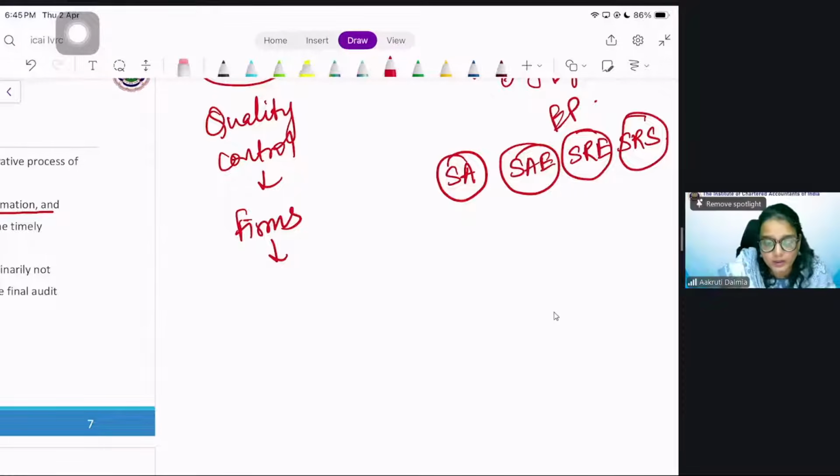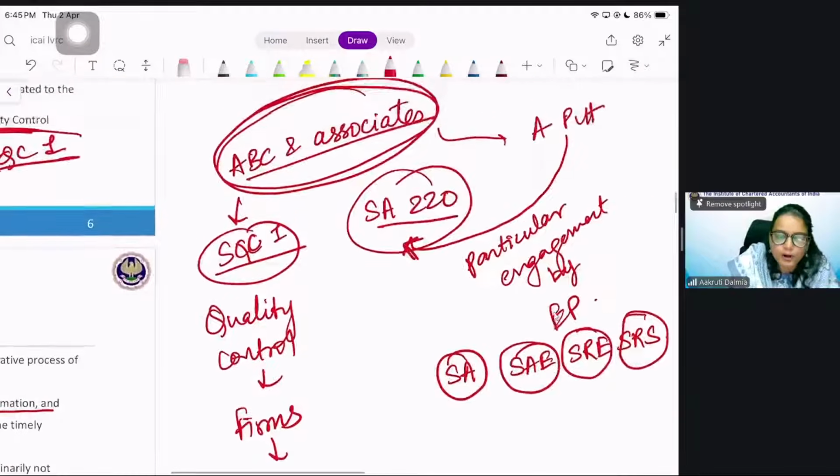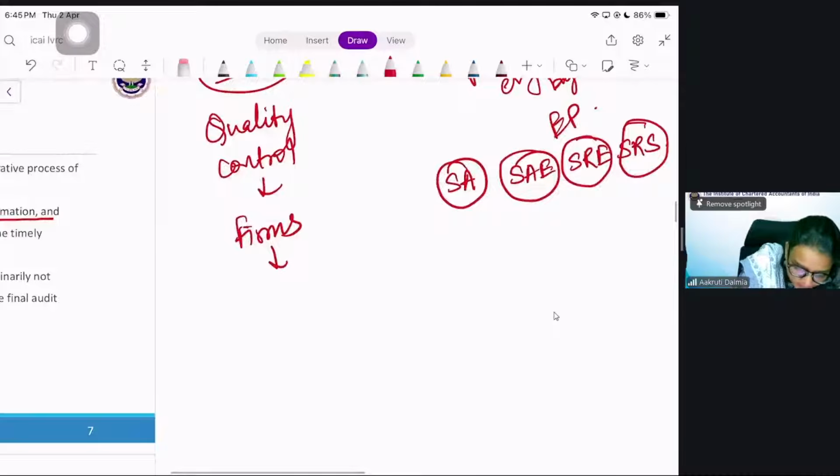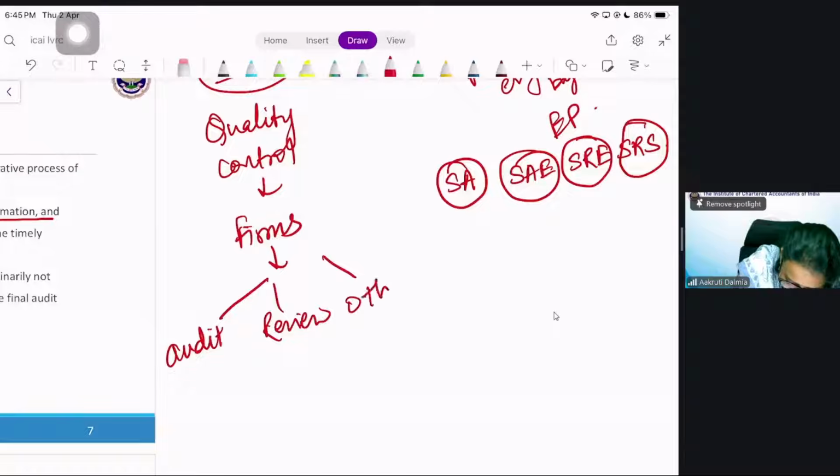It was in Chapter 1. So what does SQC say? SQC says quality control for firms, and these firms are doing two things. They are doing audits, they are doing reviews, they are doing other assurance, and they are doing related services.